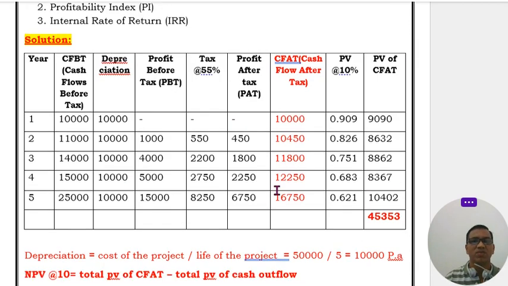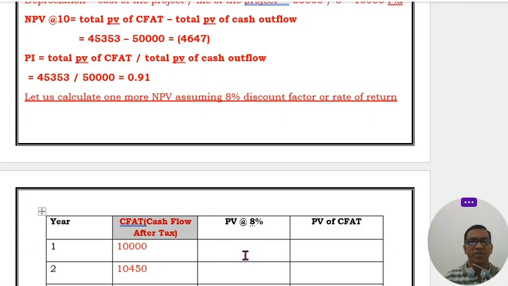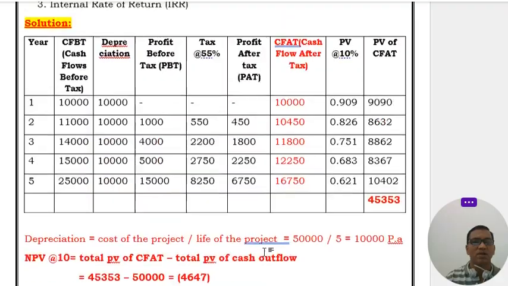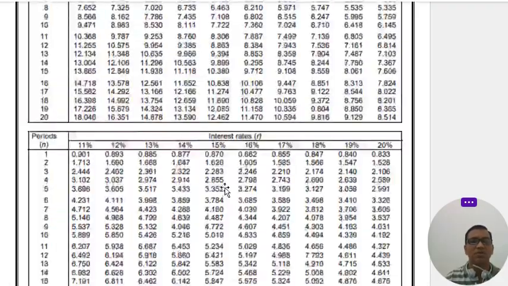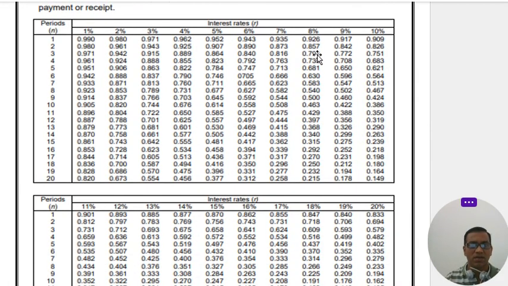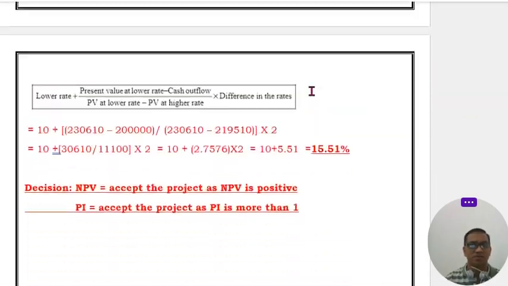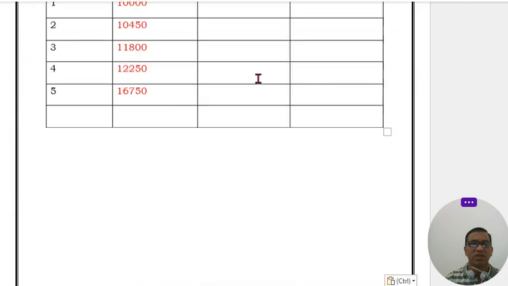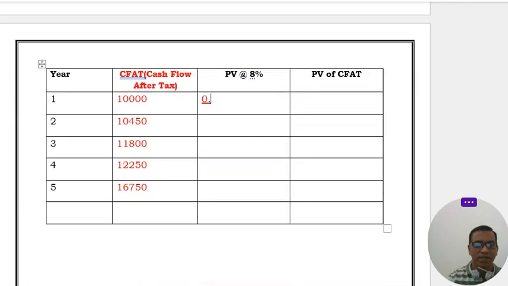Now I want the present value of one, the table values. I have the table values that I showed you before. At 8%, the 8% column. What are the values in this 8% column? First year 0.926, 0.857. I don't have the tables with me, so I have to copy from here. 0.926, 0.857, and then what next?